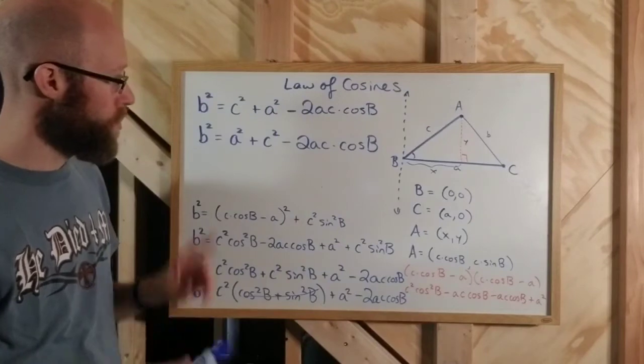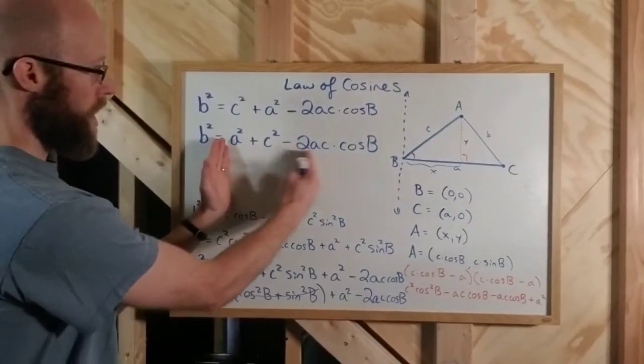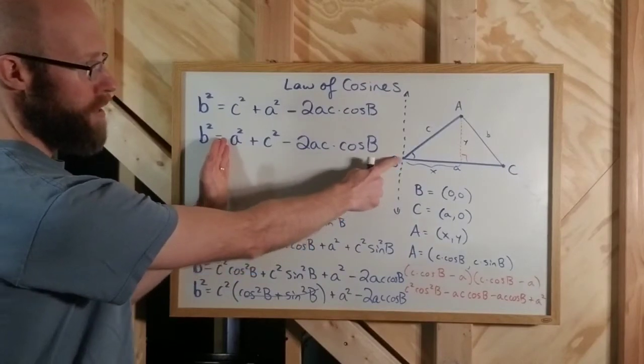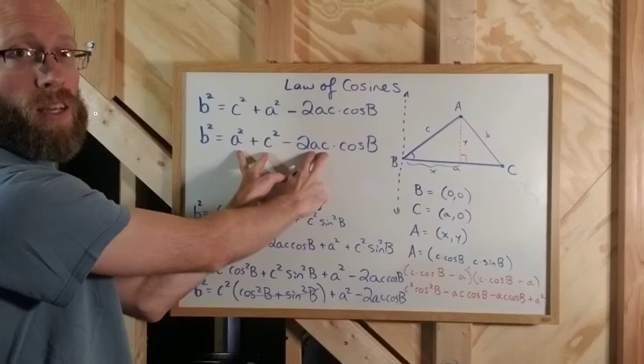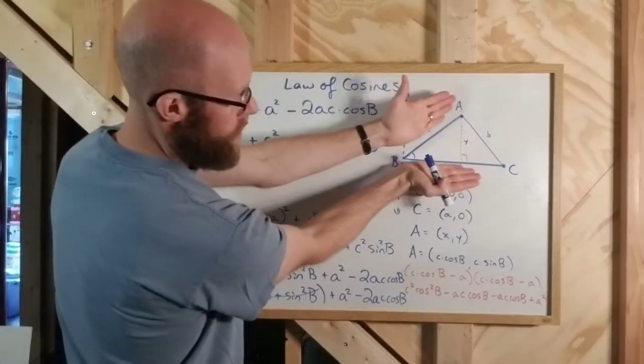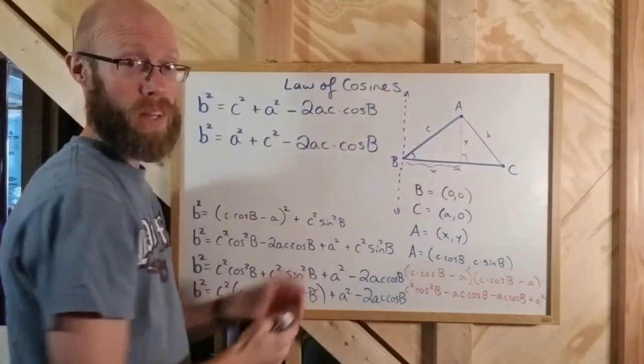Now, if you look at the pattern here, notice that on the right-hand side you have angle B, right here at the origin, and you have sides A and C, which are the two sides adjacent to angle B on the triangle. Okay?